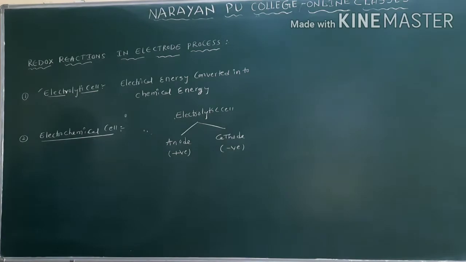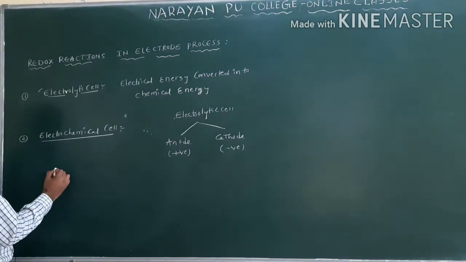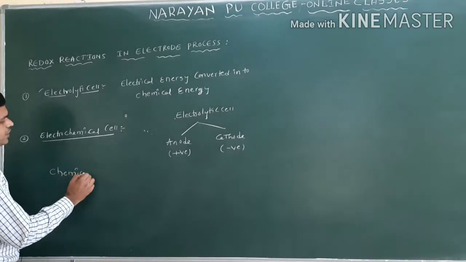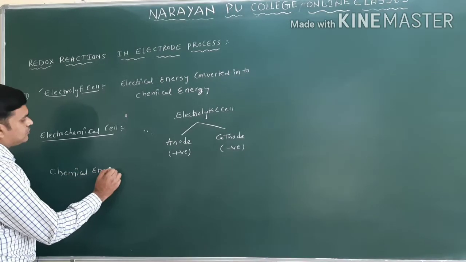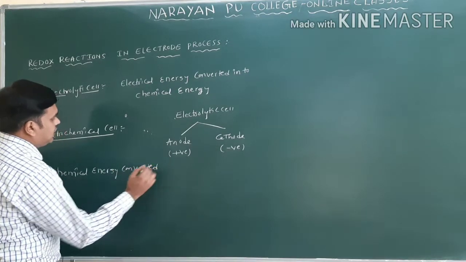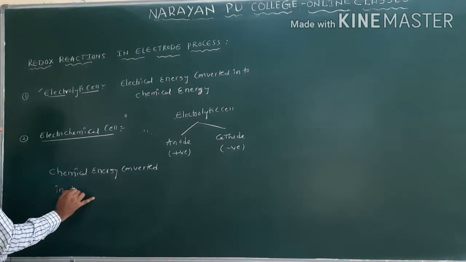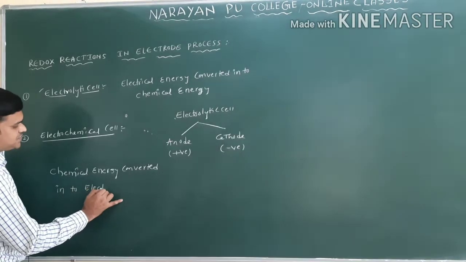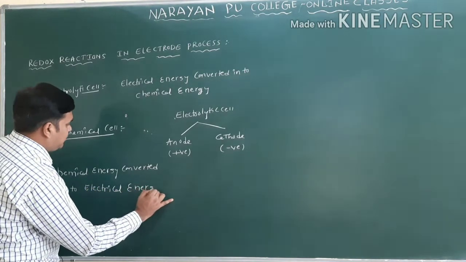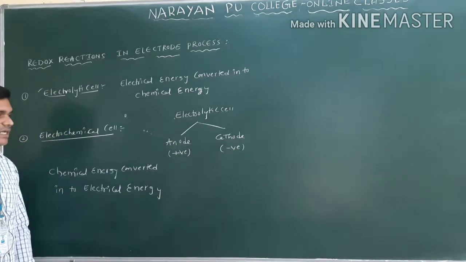So what does electrochemical cell mean? We can define it like this: chemical energy can be converted into electrical energy. Chemical energy can be converted into what? Electrical energy.